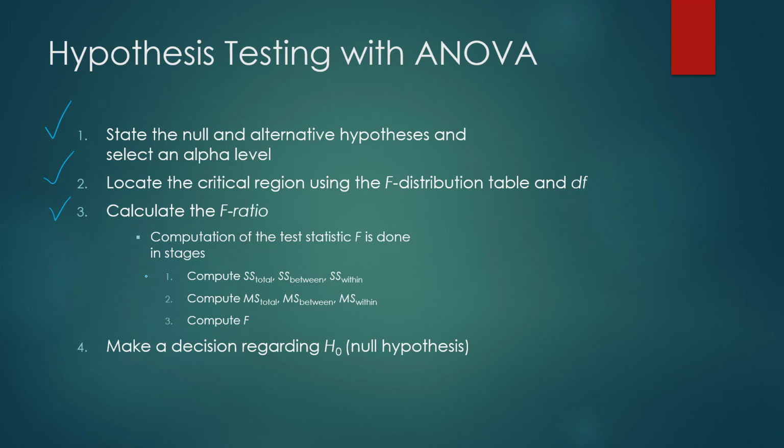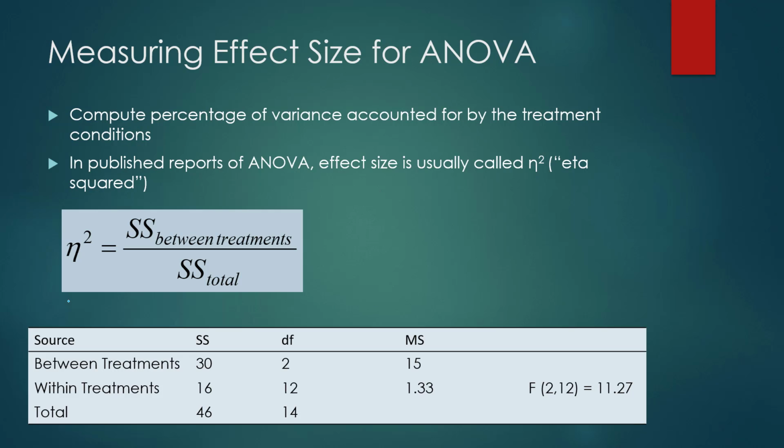First, you have to calculate your sum of squared deviations, then you have to get your MS values, and then you compute your F. Then you compare this calculated F to your critical F, and you make a decision. So for that one, if we said that our critical F was 3.88 and our calculated F is 11.27, we would definitely reject the null hypothesis.